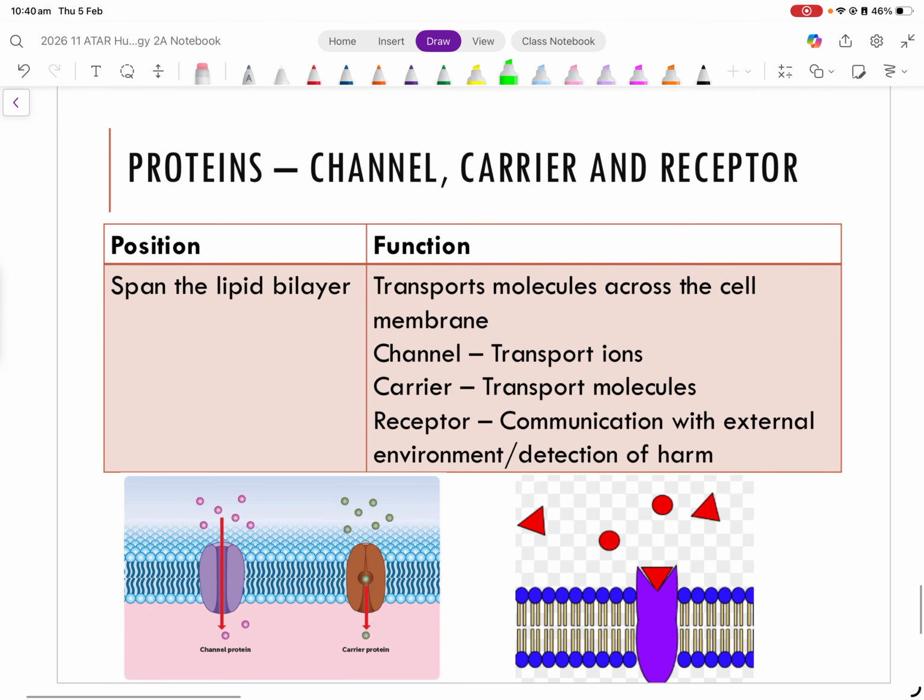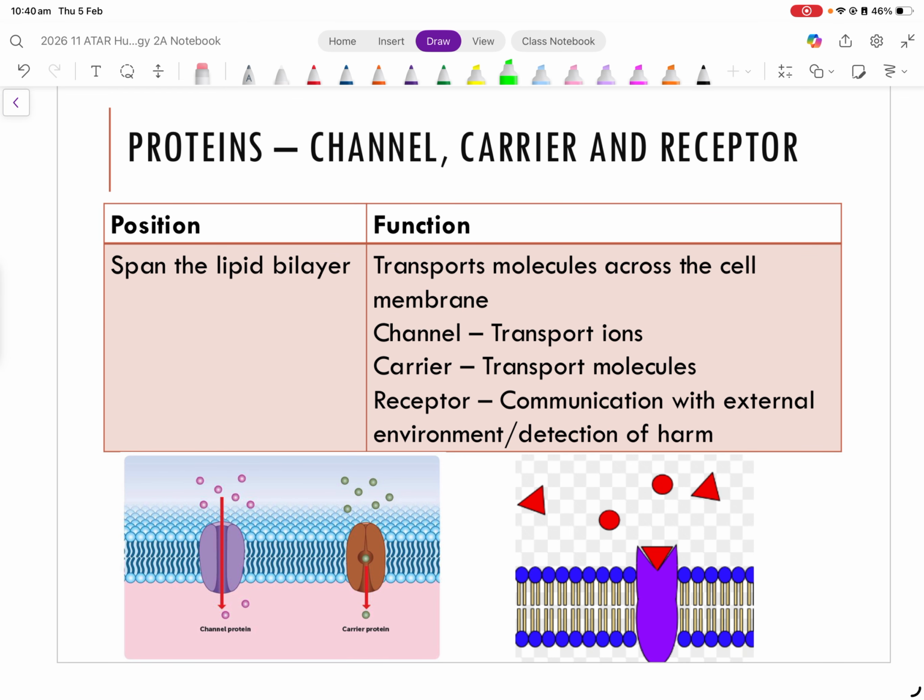Up next, and finally, we have a couple of different types of proteins. Now, I'm just going to gloss over them today because they span the entire length of the phospholipid bilayer, or the entire length of the cell membrane, but we've got 3 distinct types and we'll talk about them as we talk about transport through the cell membrane. So our first kind, really simply, is a channel protein. A channel protein is something that transports ions.